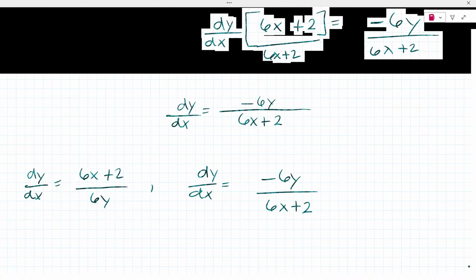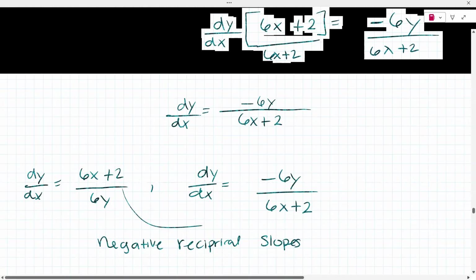What can you say? Basically the negative flip, right? This right here is the flip of this, and they added a minus, so they are negative reciprocals. So they are orthogonal.